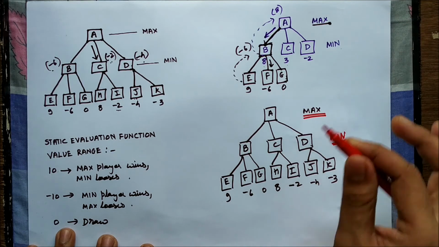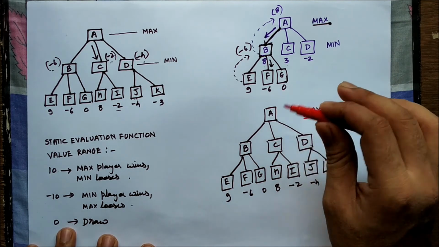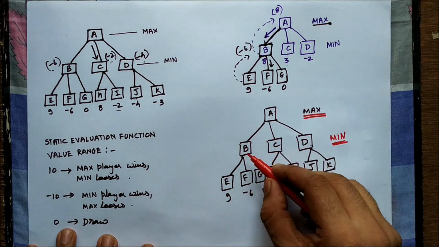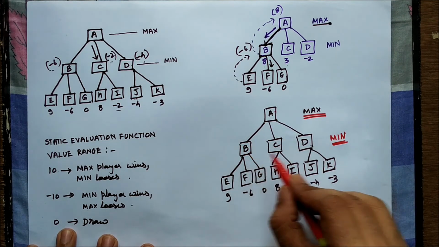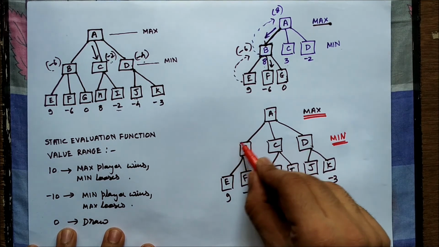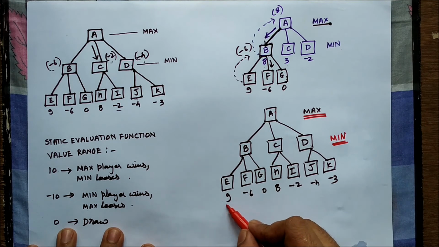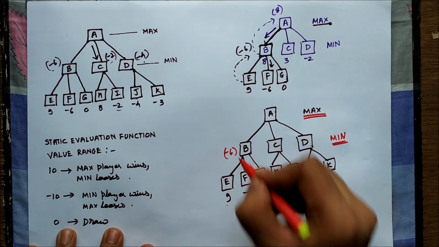Now it does the calculation in this manner. The max player thinks, what if I choose B? What will happen next? The min player is going to play further. If I select this node, then out of 9, minus 6, 0, the min player would give me the backup value minus 6.